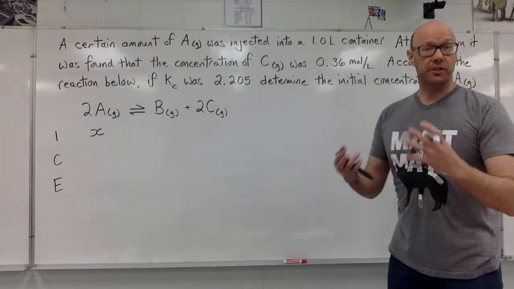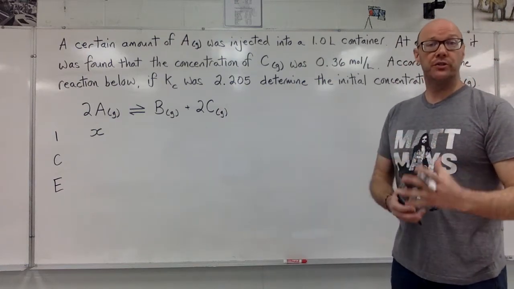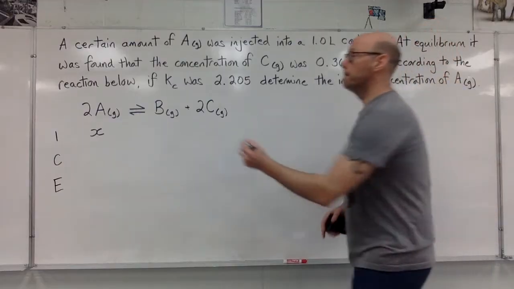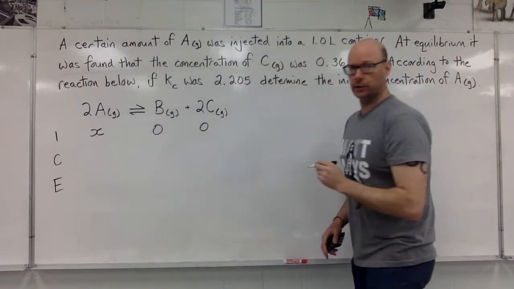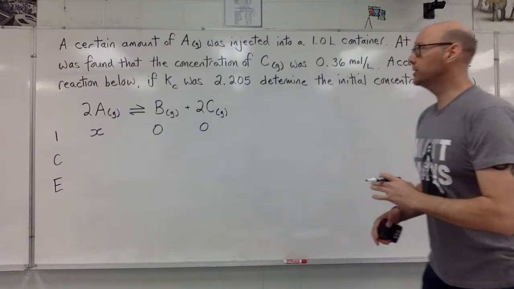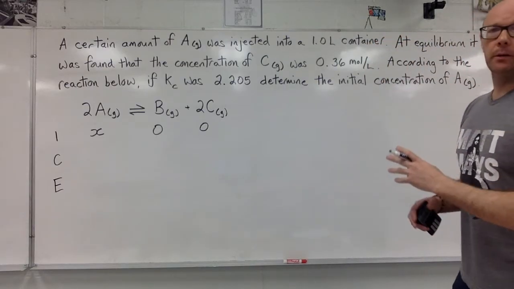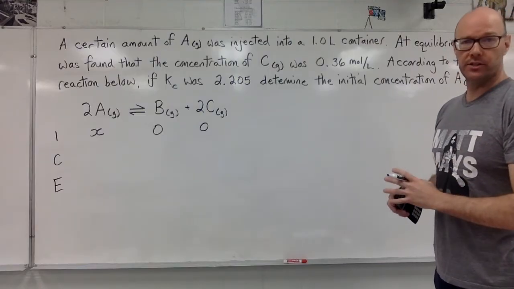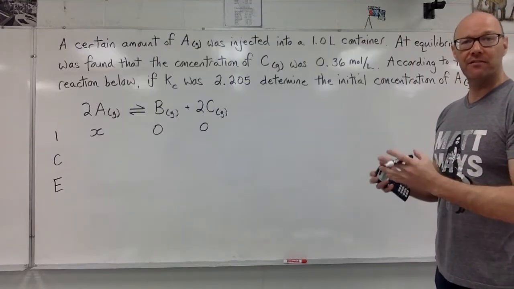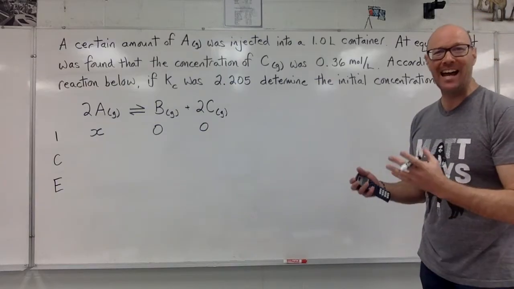This first sentence does not mention chemical B or C, so they must have been 0 initially. We look at the following sentence. At equilibrium, it was found that the concentration of chemical C was 0.36 moles per liter. We have the molar concentration. It's at equilibrium.